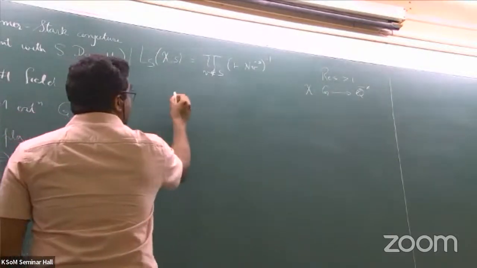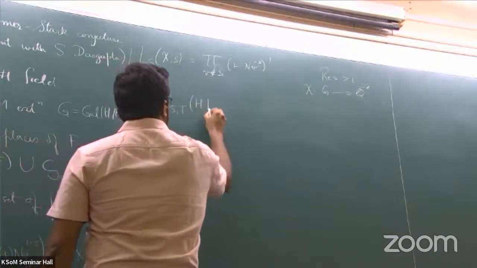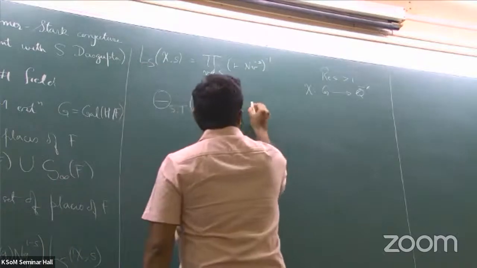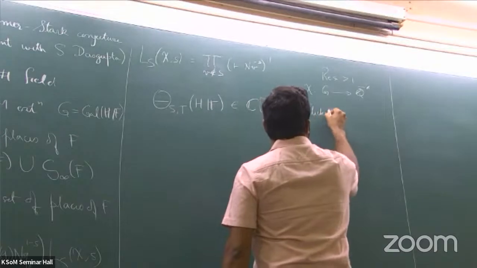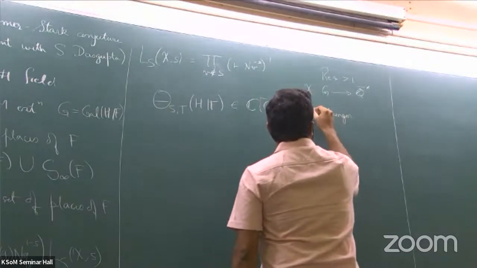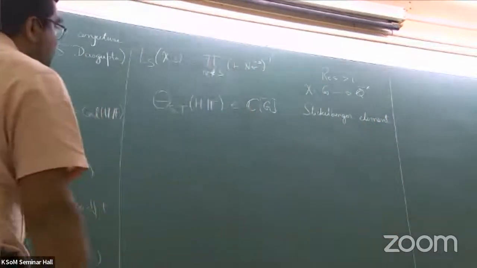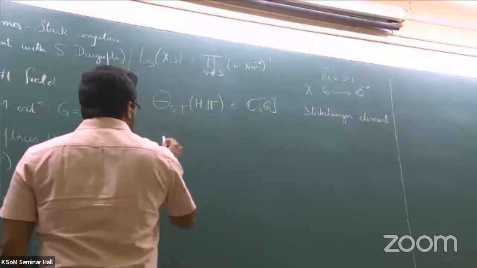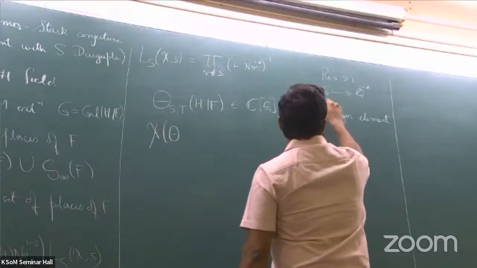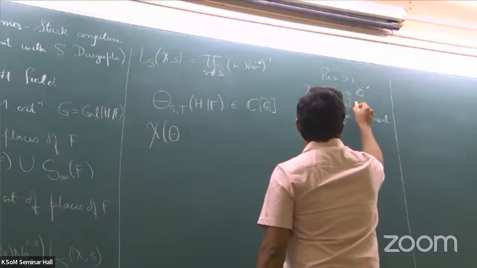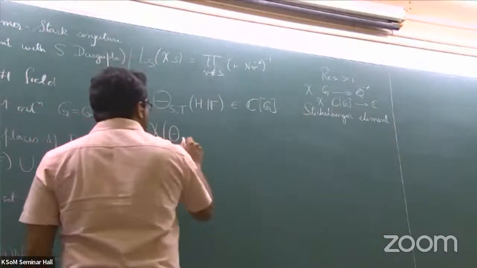So here's the first object that goes into my statement. Theta, that is theta of H over F, is the so-called Stickelberger element. Now this is the unique element in the group ring over the complex numbers which satisfies the following property. Remember, chi gives you a map from C[G] to C, and you extend it linearly.